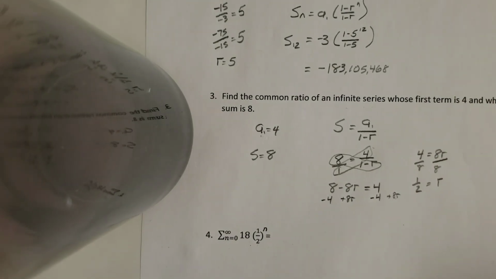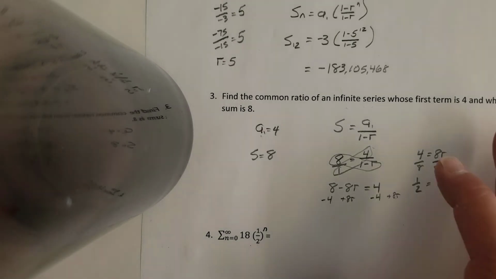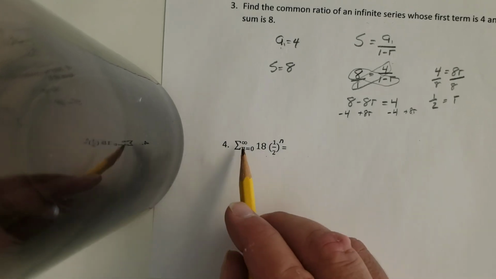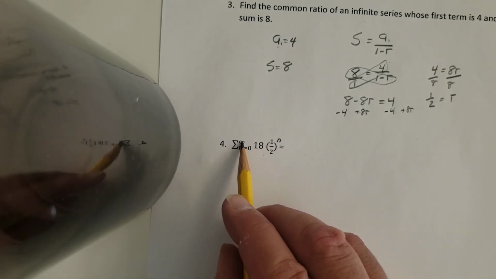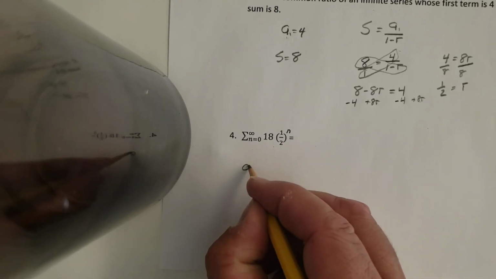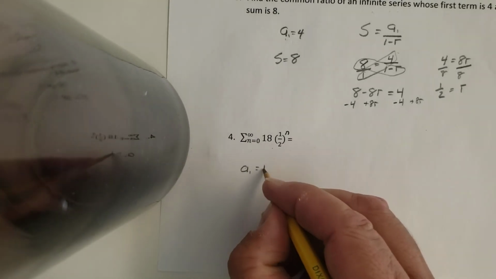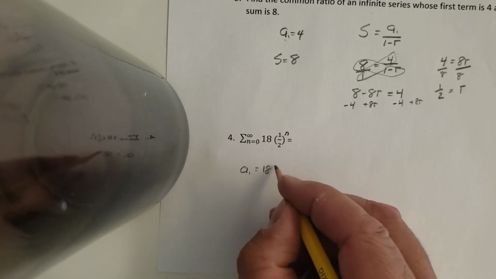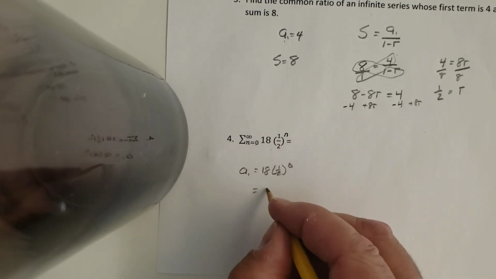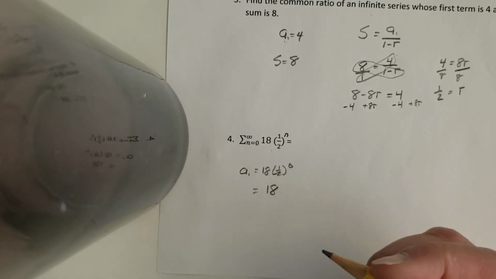Nice and easy. All right, and then the last question. Okay, how do we know if it's infinite or finite? We've got our infinity symbol at the top, so we know it's infinite. I need my first term, so it's 18. I'm starting with n is 0. 1/2 to the 0 power. We know anything to the 0 power is 1. So my first term is 18.